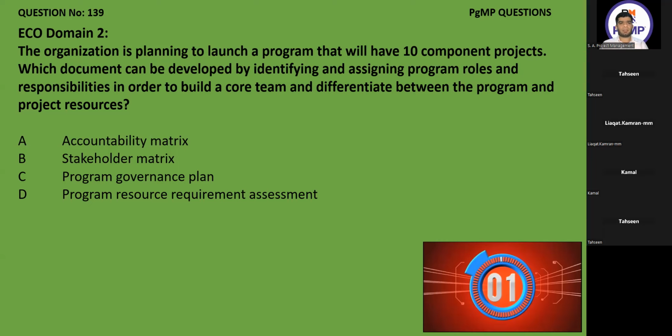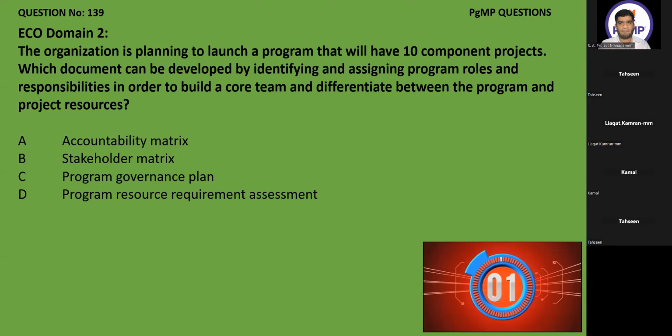Next one is a stakeholder matrix. This cannot be possible. Why? Because we have to build a core team for the program. A stakeholder will have a lot of other stakeholders, internal, external, dependent, independent, so it cannot differentiate between program and project. So B is not possible.